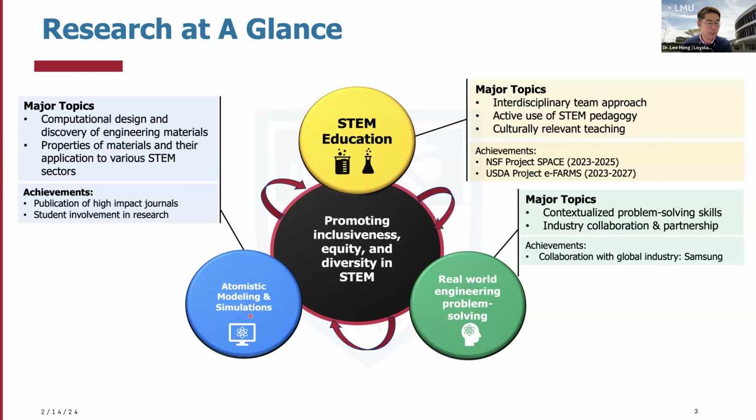Using this skill, I'm doing computational design and discovery of high-performance engineering materials, and we can measure and investigate properties of materials and their application to many engineering fields. My main outcome has been papers published in very high impact journals like ACS Nano Letters and Nature Communications.